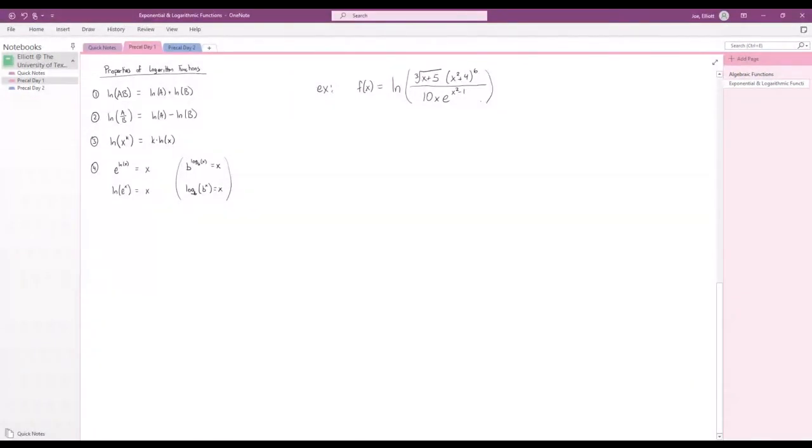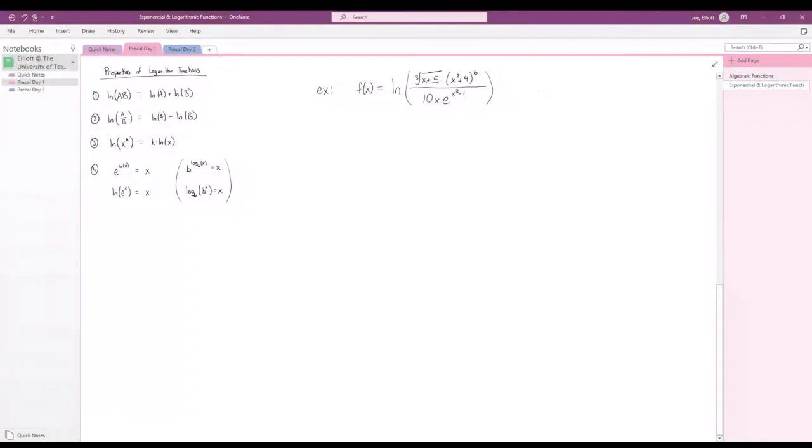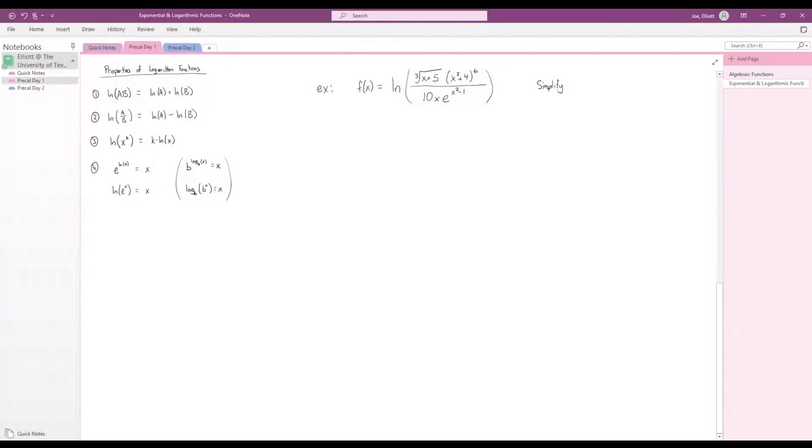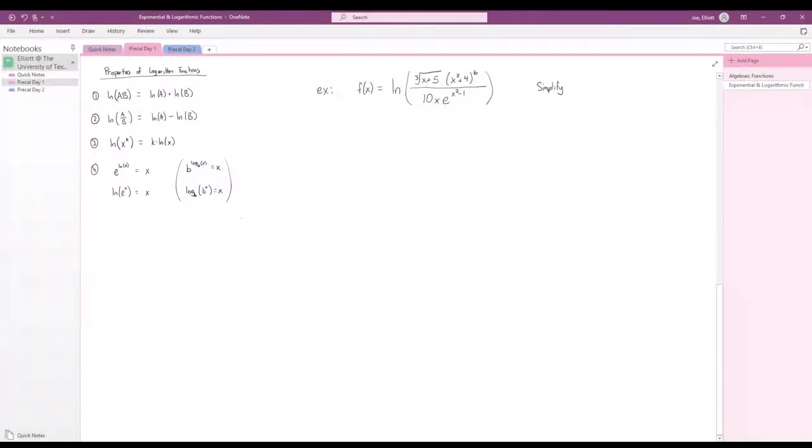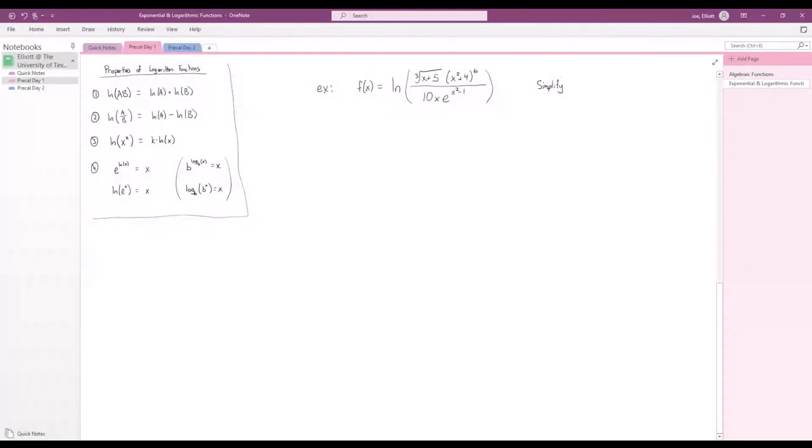Okay, all right, so here I've written down a pretty complicated looking function. And what I want to do in this example is to just simplify this expression using the properties of natural log that we see over here.